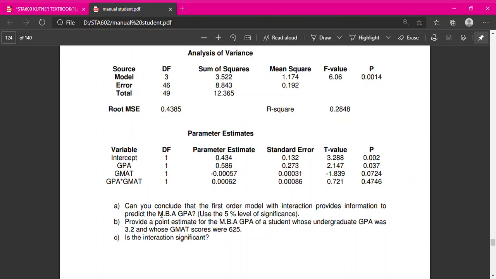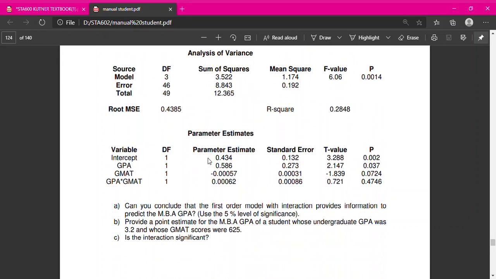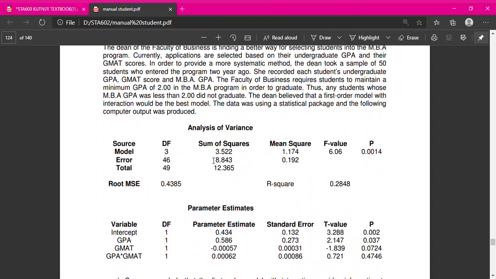So MBA GPA ni adalah Y. So dia tanya kat sini, this model yang kita ada tadi, model dia Y equal to model first order model with interaction. Means that the model actually adalah Y hat equal to beta naught plus beta 1 x1.